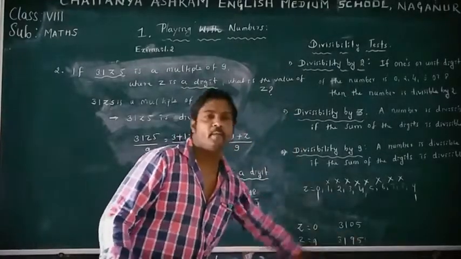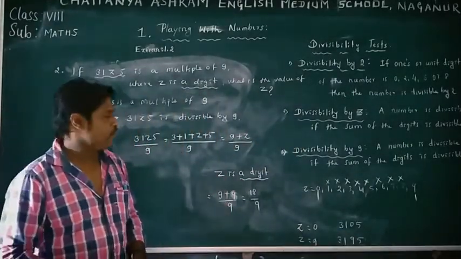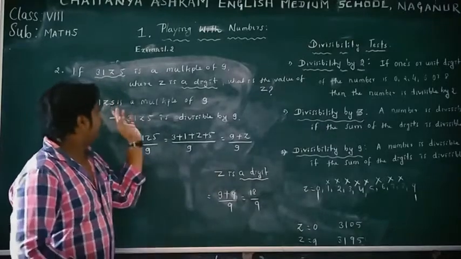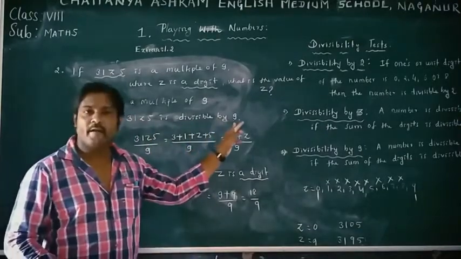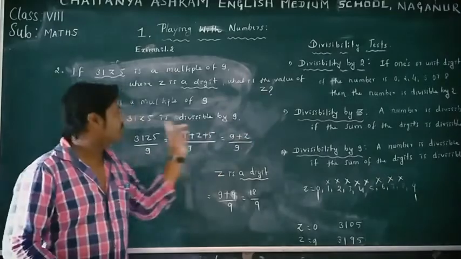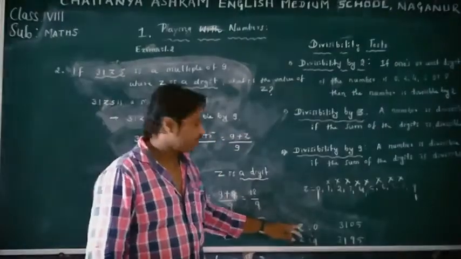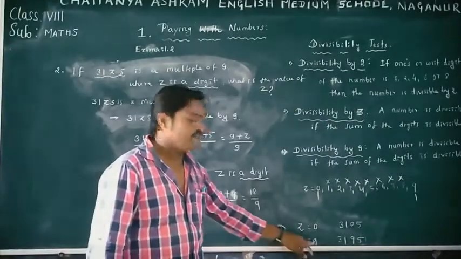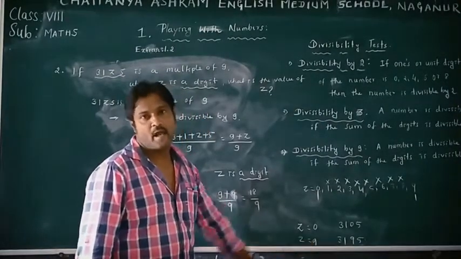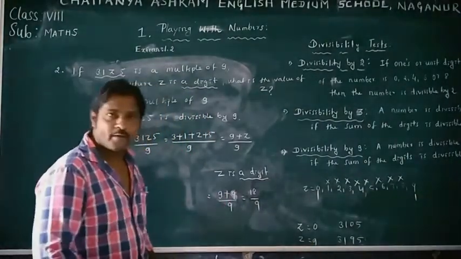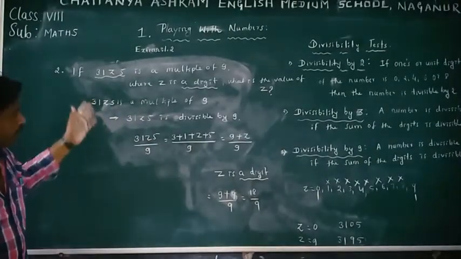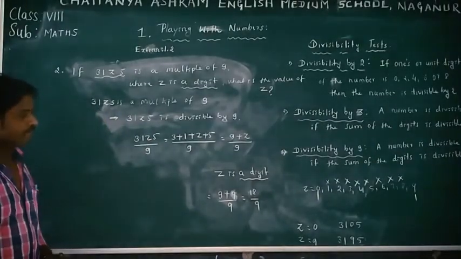This is also divisible by 9. So if this number is divisible by 9, for what values of Z is it divisible by 9? The possible values of Z are 0 and 9. This is the answer. Understood? So write the solution.